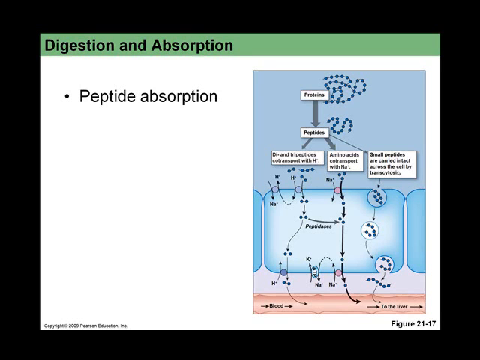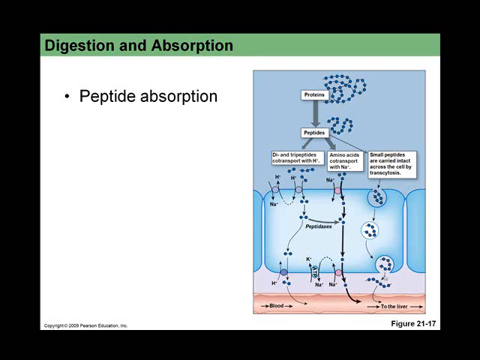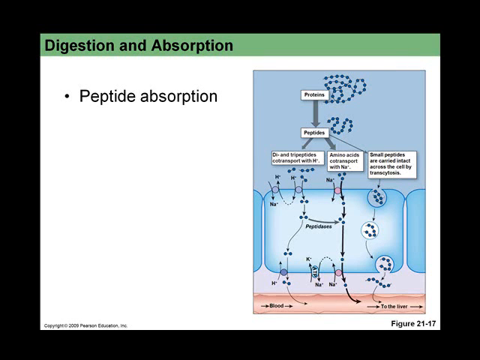And then small peptides are carried intact across the cell by transcytosis, and then dumped on the opposite side. So this is the transcytotic pathway using the cellular packaging, the endocytosis, exocytosis, with the shuttling in between from apical to basolateral membrane.